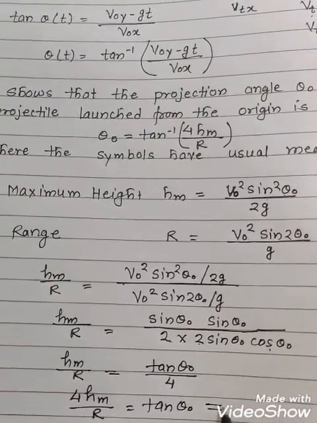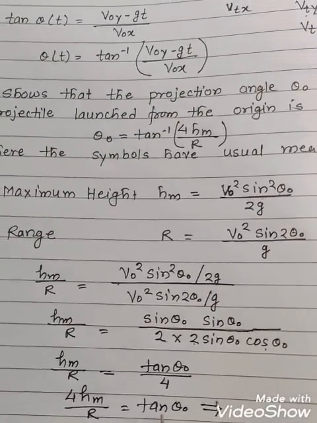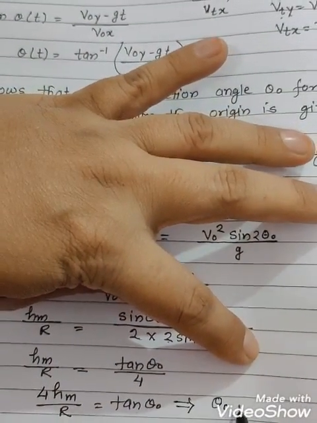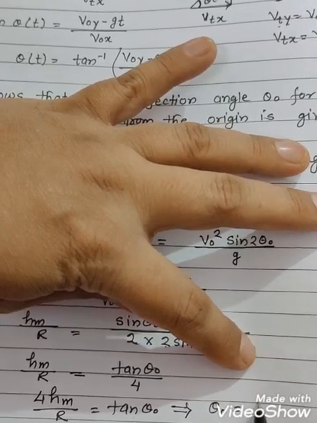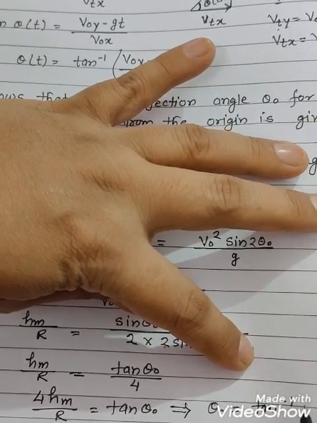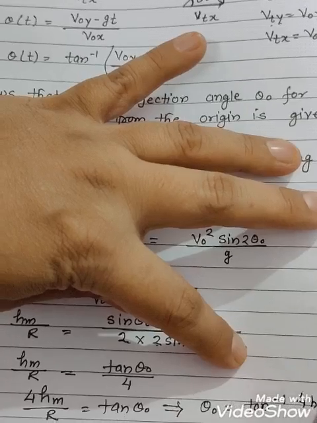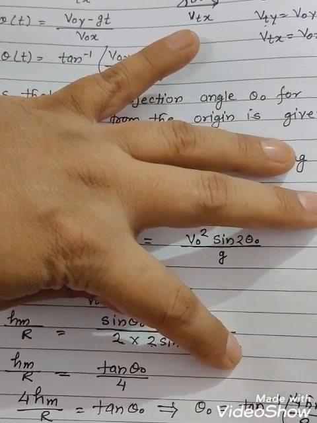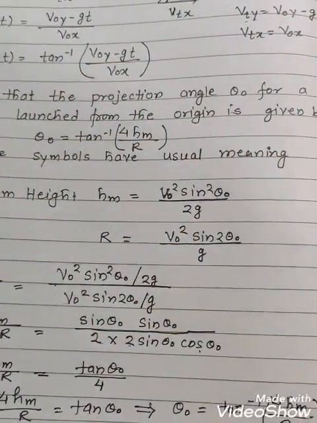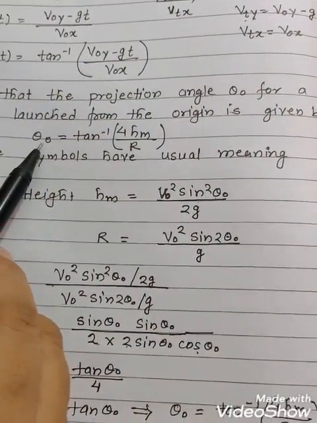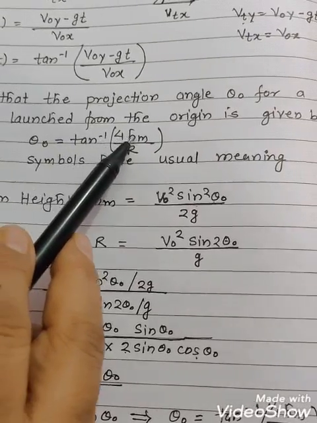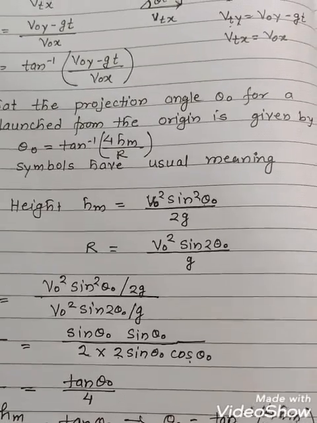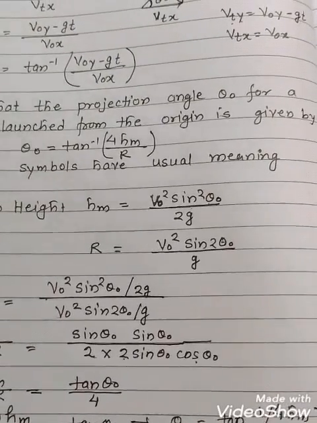Or simply, if you transfer this tan here, you can say that θ₀ is equal to tan inverse of 4Hm upon R. This only we had to prove, and we have proved θ₀ equal to tan inverse 4Hm upon R.